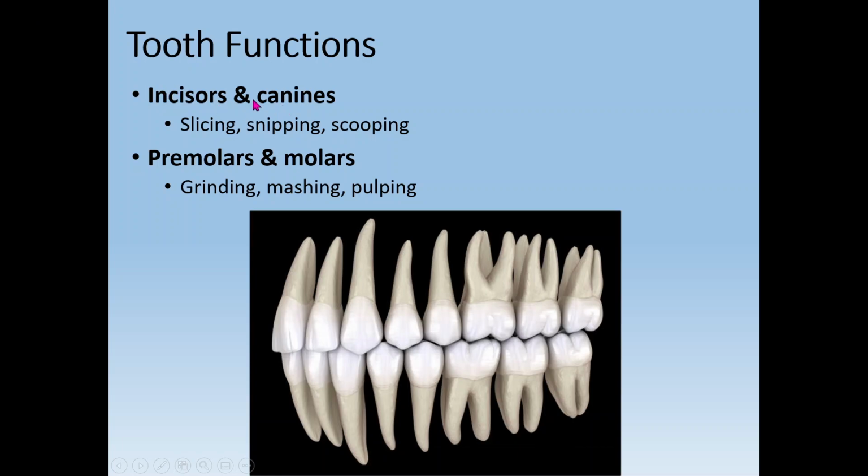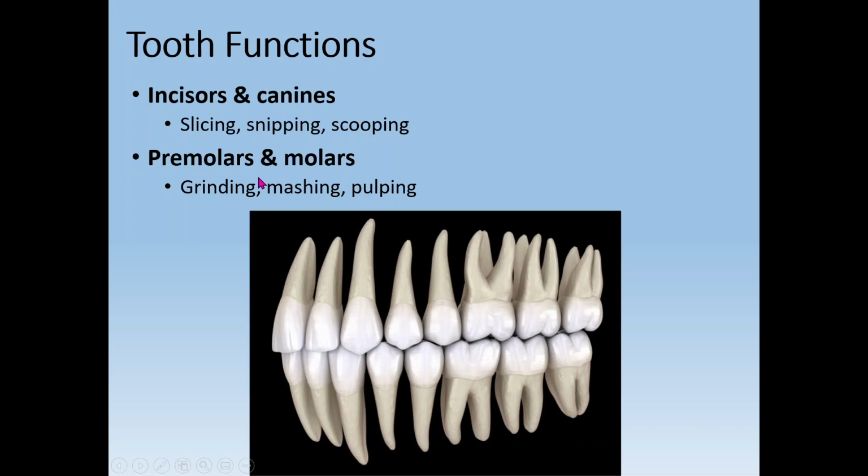These are going to be more shovel-shaped teeth. They don't have a large flat surface. They have kind of a long ridge and they're scooped on one side. And the motions that these teeth are responsible for predominantly are slicing, snipping, scooping motions. These are the types of teeth you associate with animals that consume meat, things that are tougher that need to be cut through.